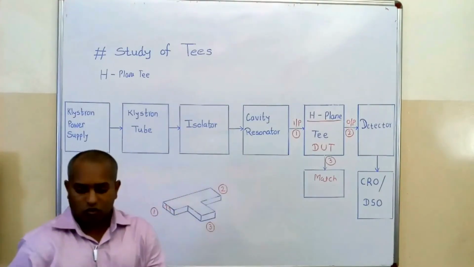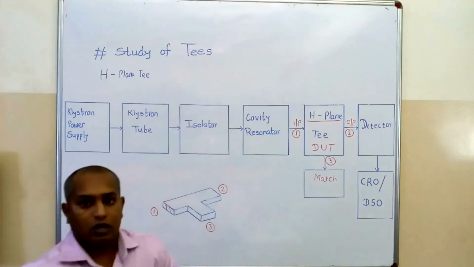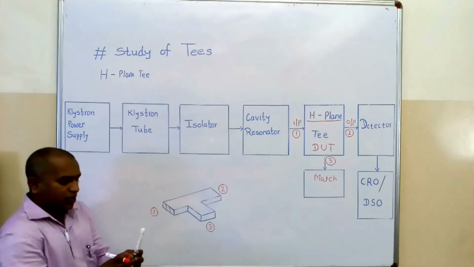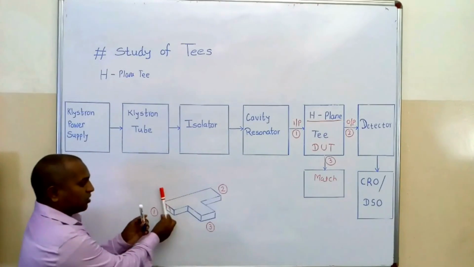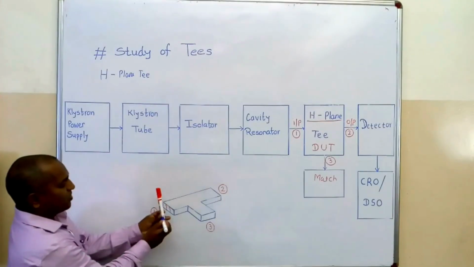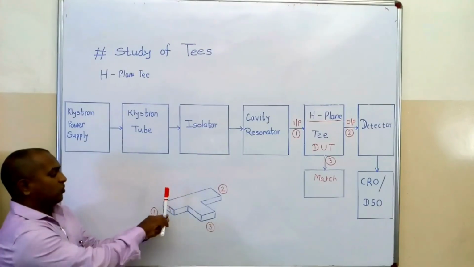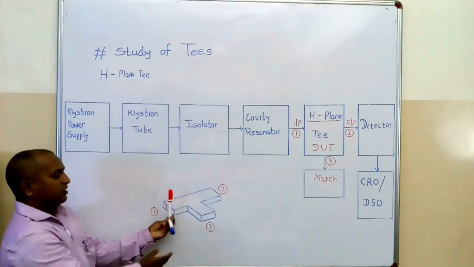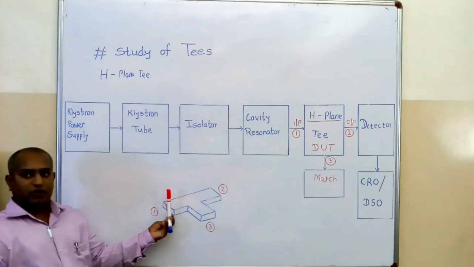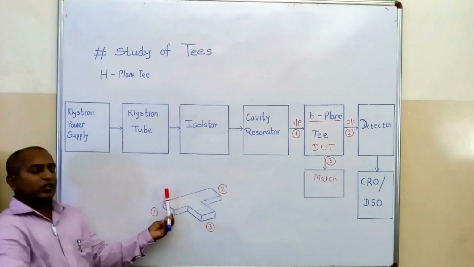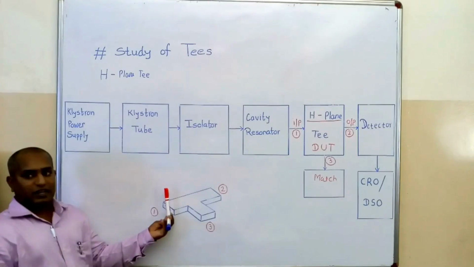And we know, according to electromagnetic theory, when the electric field direction looks like this, the magnetic field is this direction. My blue pen is the direction of the electric field, and my red pen is the direction of the magnetic field.